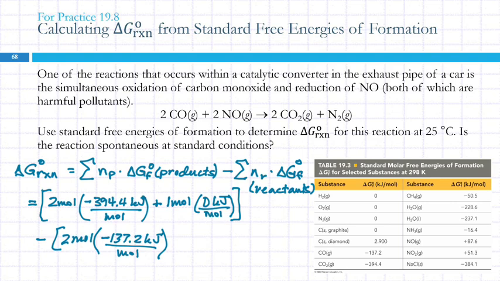So 137.2, and then we have 2 moles of NO, and that has NO plus 87.6 kilojoules per mole.